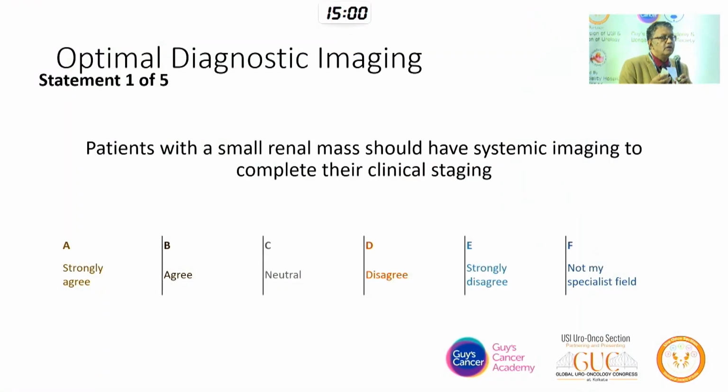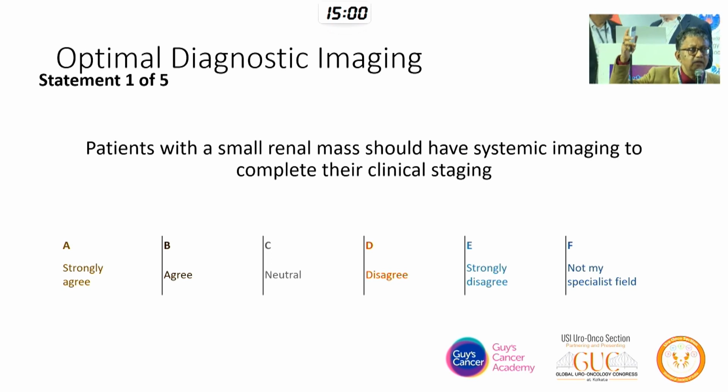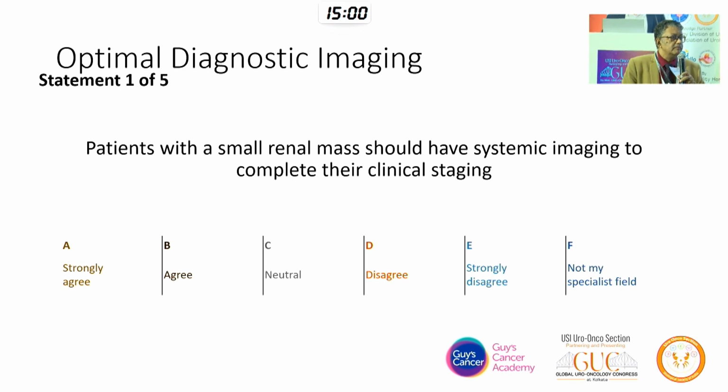Then only it will go through. I repeat once again: press the red button on the right hand side of the vote pad, press your option, A, B, C, D, E, F, whichever, and press OK. So three steps: red button, option, OK.